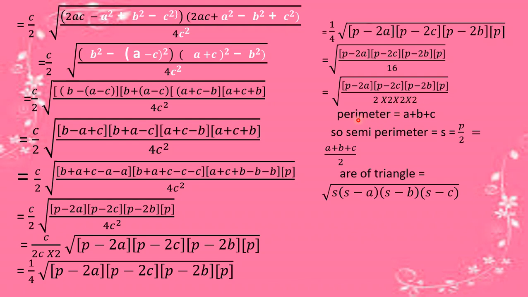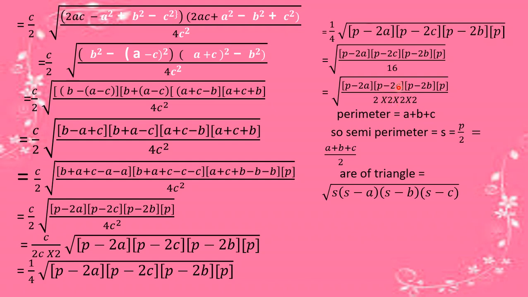Now as we know that perimeter is a plus b plus c, so semi-perimeter s is equal to p by 2. Now when we write p minus 2a, this 2 we can write as divided by 2. P minus 2c, again this second 2 divided by 2.